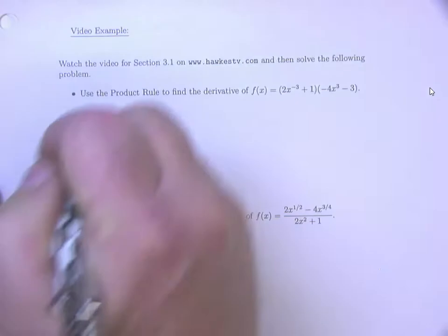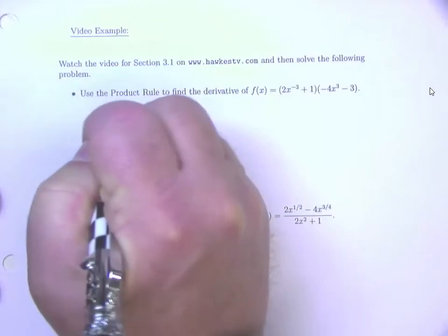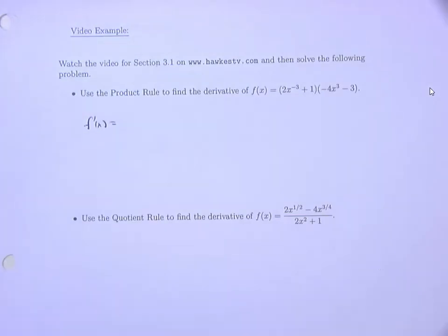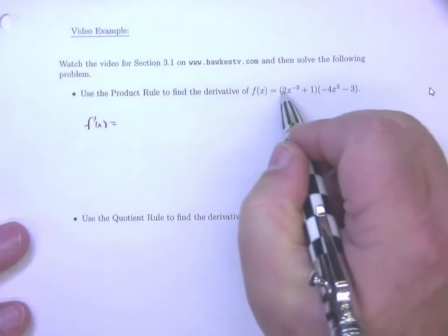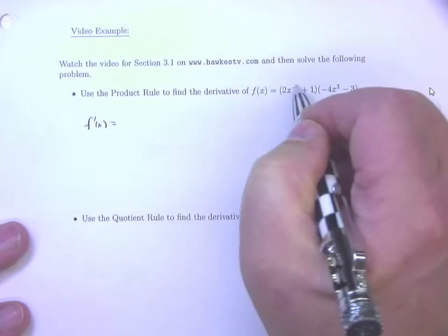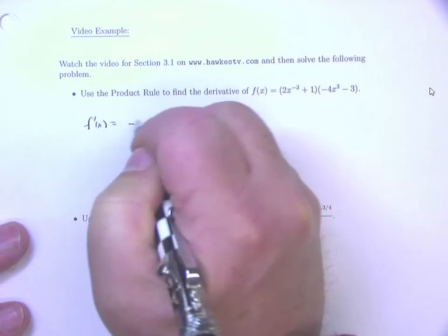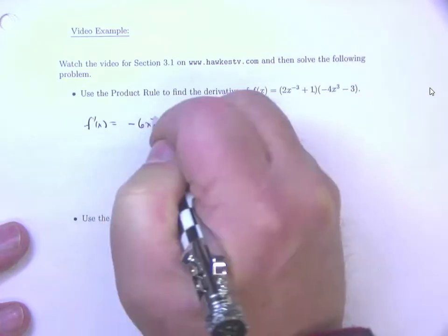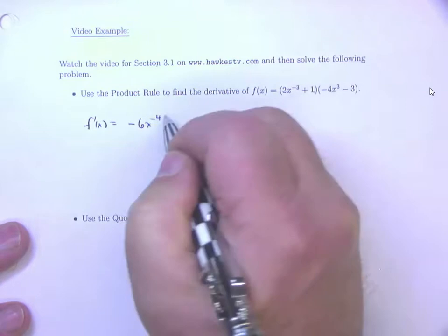So here we go. f prime of x, and even though these formulas are great, the words are much more powerful. Product rule: derivative of the first times the second plus the first times derivative of the second. Derivative of the first: what's the derivative of 2x to the negative 3 plus 1? Well, negative 6x to the negative 4. The derivative of 1 is 0.